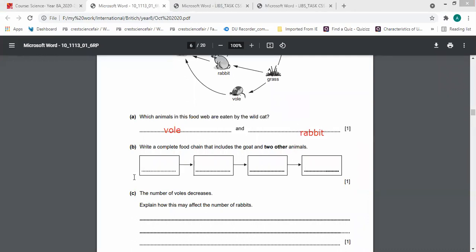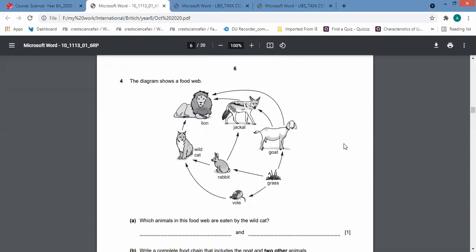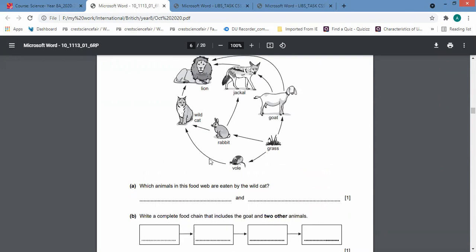Write a complete food chain that includes the goat and 2 other animals. Where is the goat? Pay attention with me. The goat is the first or primary consumer, so the producer must be grass.